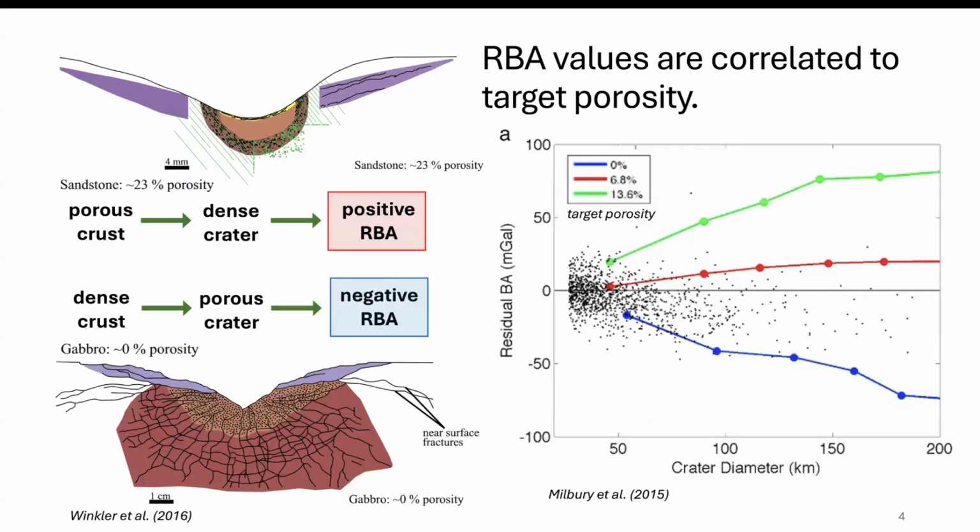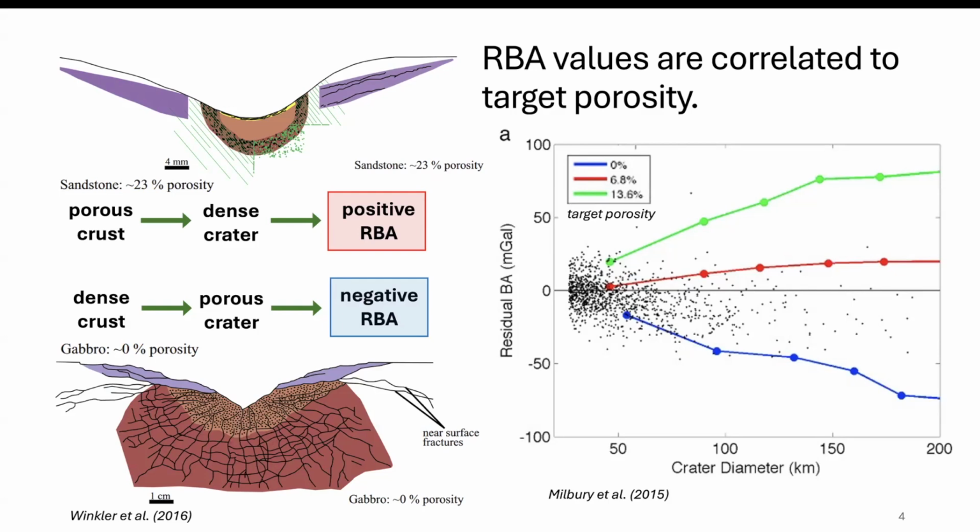Connecting that with the previous slide, porous crust, and I'm saying crust because now we're getting into generalized planetary stuff, tends to have dense craters and therefore a positive RBA, more gravity inside than outside. A dense crust tends to produce relatively porous craters and a negative RBA.